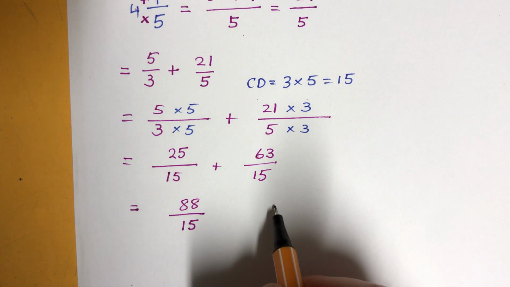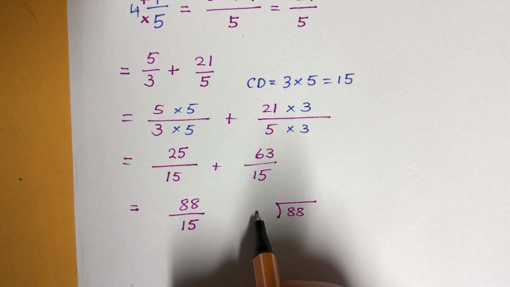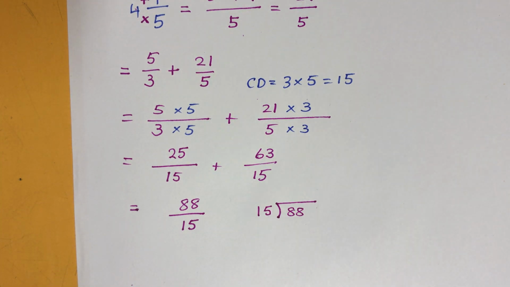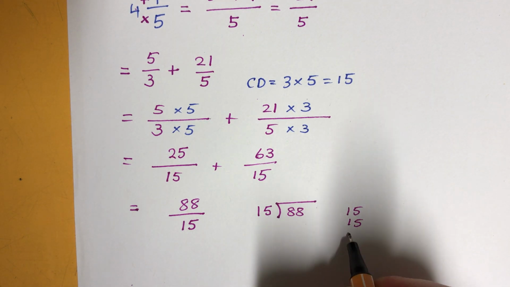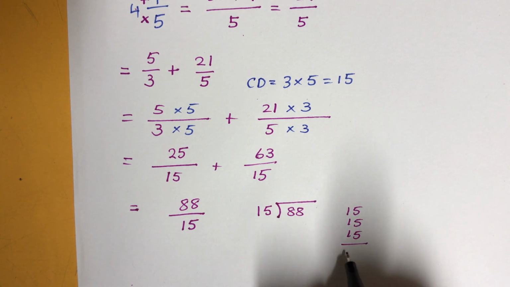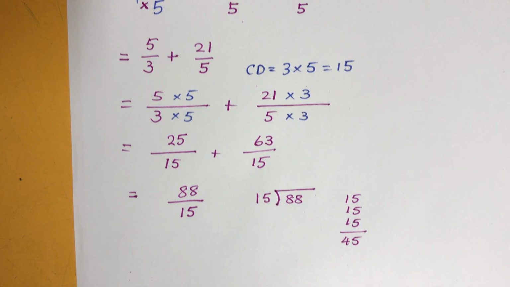So we've got to do a bit of a division here. 88 divided by 15. So how many 15s can go into 88? Again, I'm going to just write it 15, 15, 15. What's that? Like so, 45. I'm sure you can go in and have plenty of leftover.